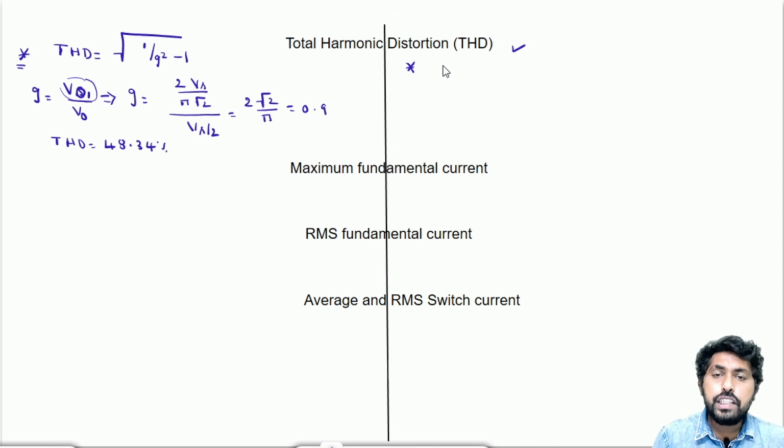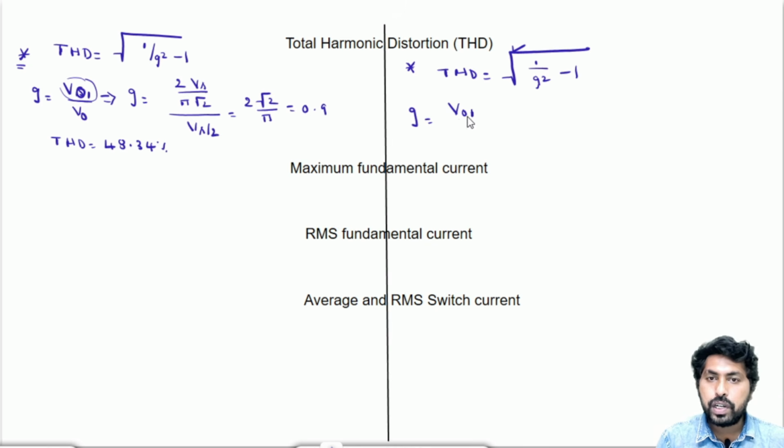Now try to find the THD value in the full bridge inverter. Again the formula will be the same, THD equal to root of 1 by G square minus 1. G equals the fundamental RMS voltage divided by the output RMS voltage.